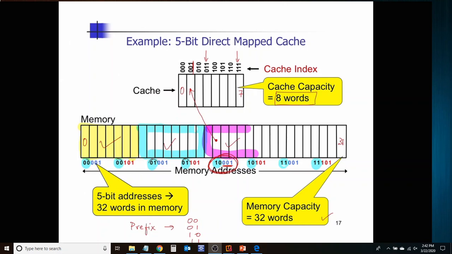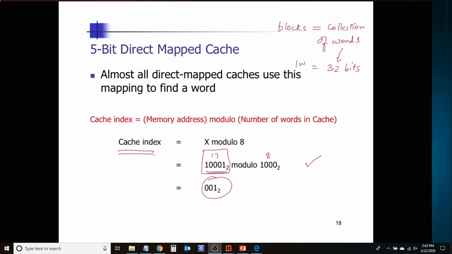So if it's a 16 word cache, then it would be the last 4 bits. In this case, we have an 8 word cache, so that would be the last 3 bits. So if the number of memory locations is a power of 2, in that case we can just pick up the last 3 bits. In general though, we can use this method to find the cache index.